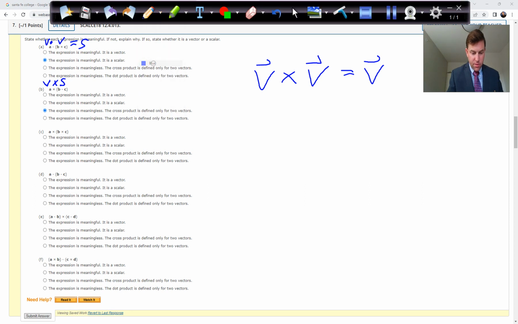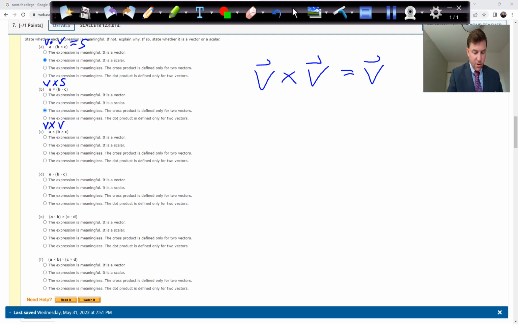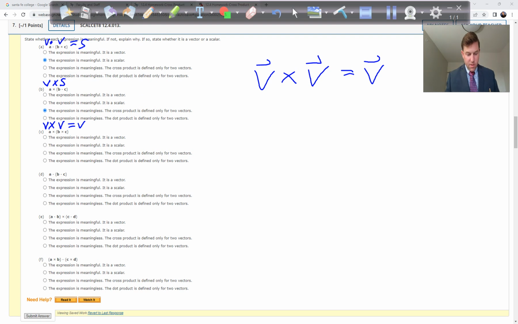Okay, how about this one? a cross b cross c, this looks good. b cross c is going to be a vector, and then you're crossing it, so you're going to get a vector out. So the parentheses gives you a vector, and then you cross it with a vector. Bunch of vectors here. This is meaningful. It is a vector.